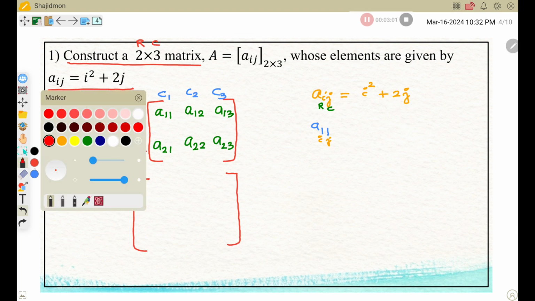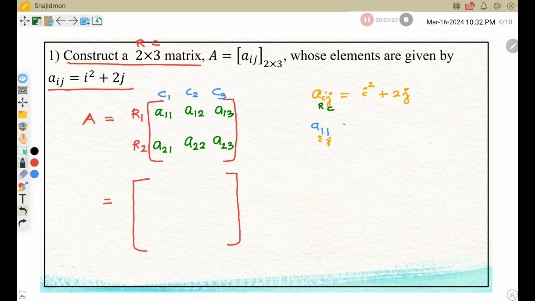So for A11 we can apply i square, where i is 1, so 1 square plus 2 times j, where j is 1, correct? So i square plus 2j means 1 square plus 2 multiply 1. The answer you will get is 3. This is the first number, so in the matrix A11 is 3.